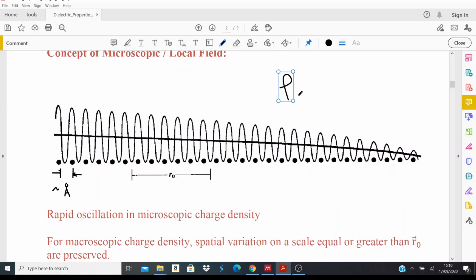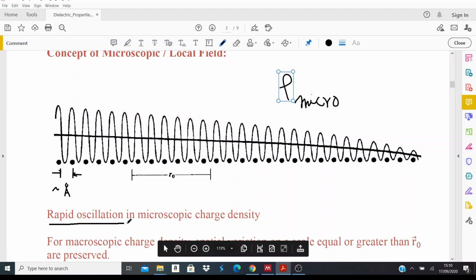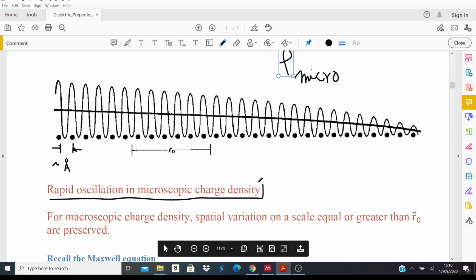So the microscopic charge density inside the material is oscillating with a period of an angstrom. This is a really local and very rapid oscillation, because the charges are producing these individual peaks in the oscillation. But you can see the average of this oscillation is a smooth line like this.